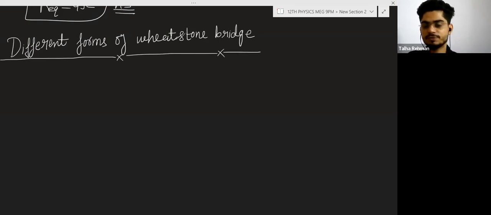These combinations of Wheatstone bridge I am taking from previous year questions that were already asked in your examination. The examiner will confuse you. See how the examiner will confuse you.